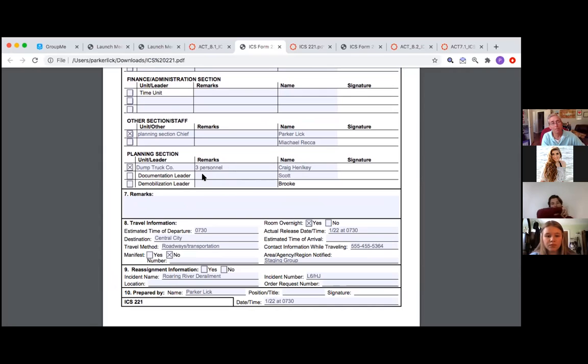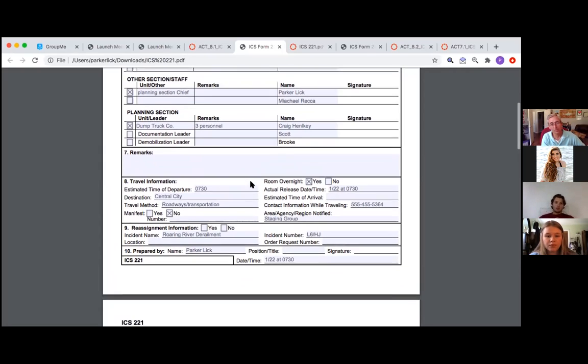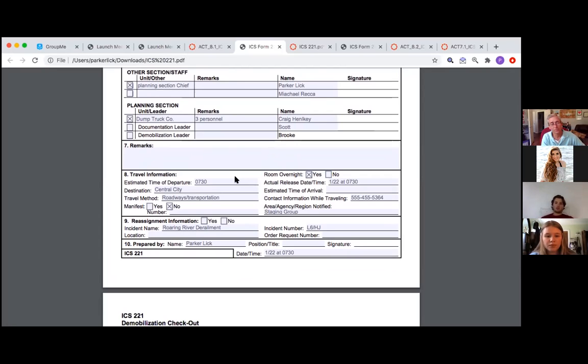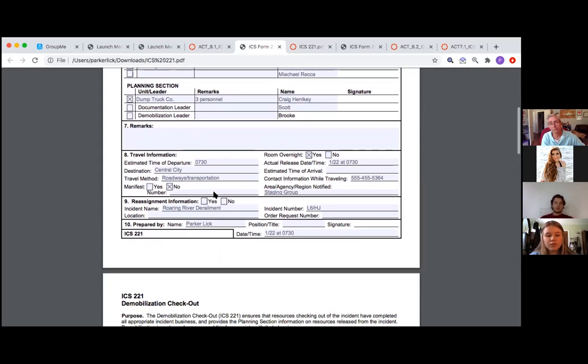Documentation leader, I put Scott. Demobilization leader, I put Brooke. The estimated time of departure was 07:30. The actual release date and time was 1/22. I wasn't exactly sure about the time, so I put 07:30, same as the departure time. The destination was Central City.